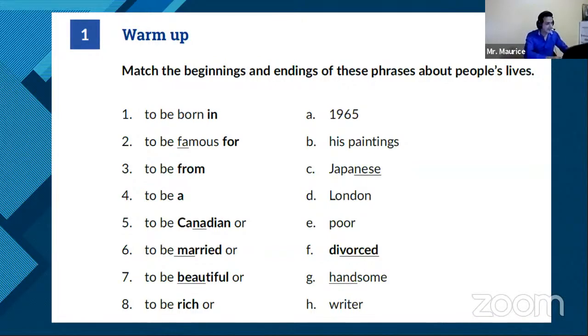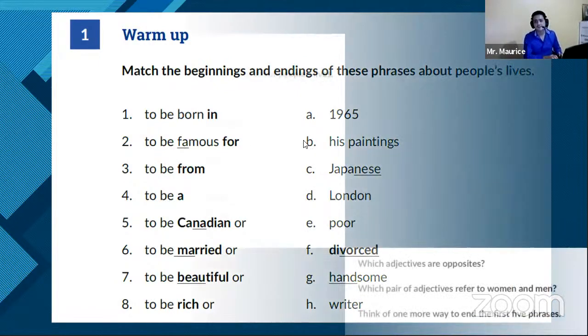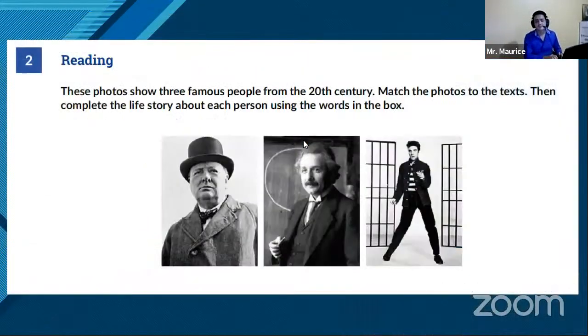Let's give him a minute. Okay, perfect. Let's practice this exercise. This one, well, this is a good one. I want you to look at these photos. These photos show 3 famous people from the 20th century.